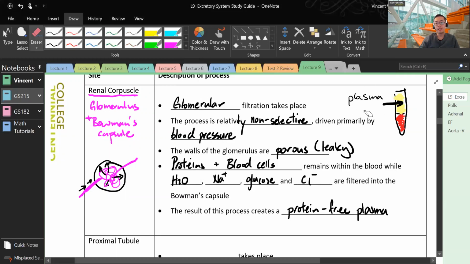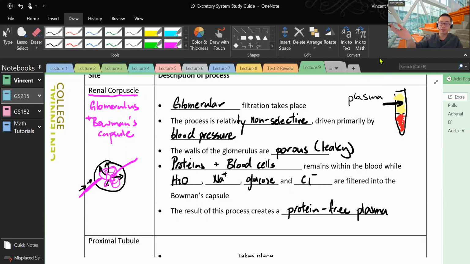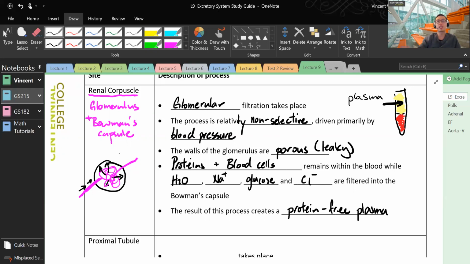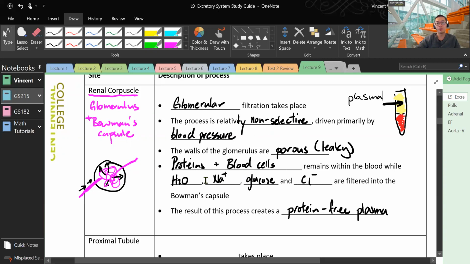Now the plasma has a lot of stuff in it, right? It's mostly water. There's going to be the electrolytes, waste products, and proteins. So if you take away the protein, then you get a protein-free plasma, which is what you will get after filtering it at the glomerulus. Okay, so this is the first step of urine production, the filtration process. It's relatively non-selective. You end up losing a lot of good stuff that you want to keep for the body, but that's okay. It is what it is.